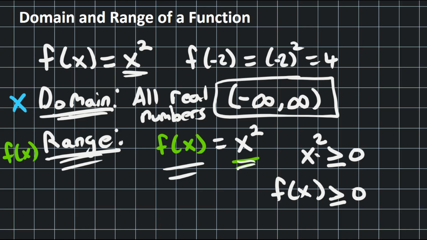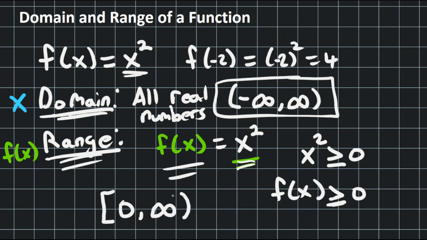So x squared can't be negative. It must be positive, or it could also be 0. So f of x must be greater than or equal to 0. And to represent our range using interval notation, we go from 0 to positive infinity. We are going to use a bracket to include 0, because this is an or equal to bar.